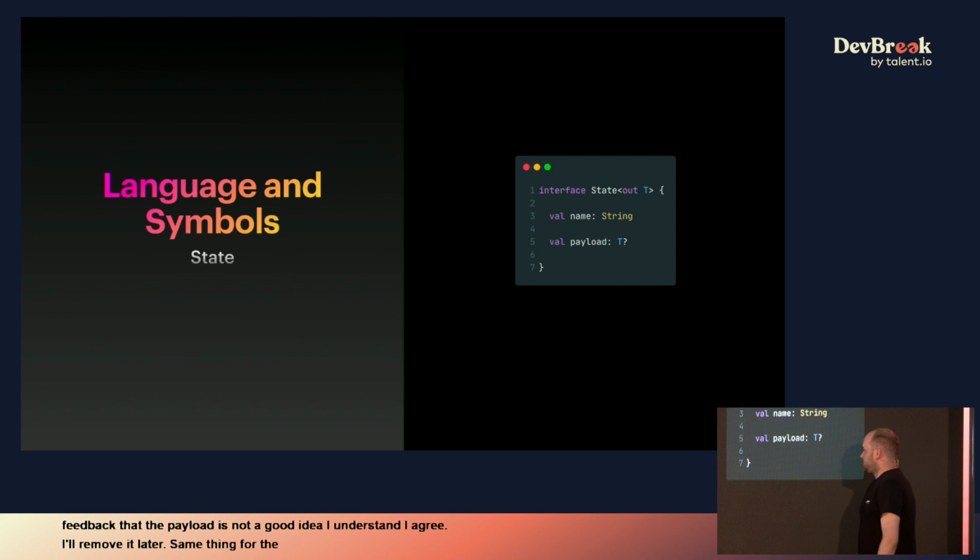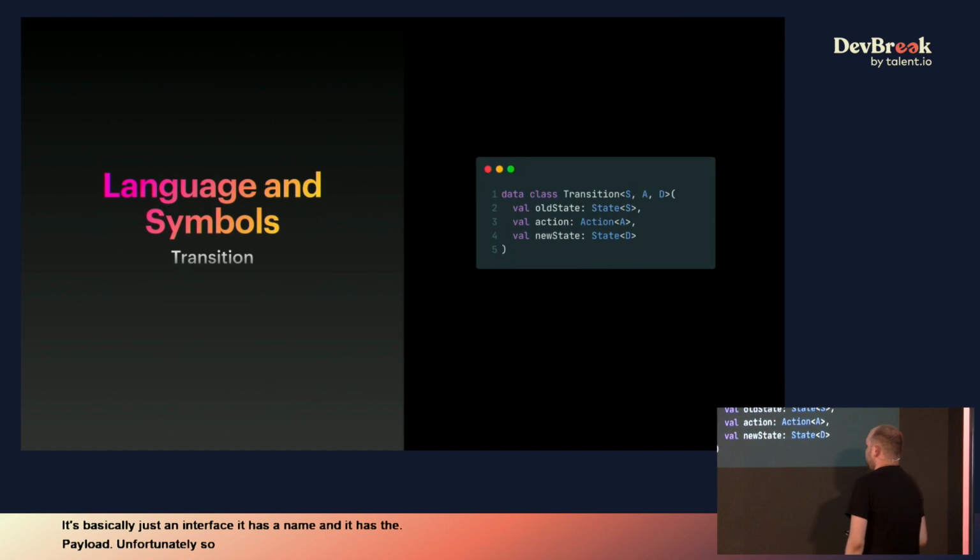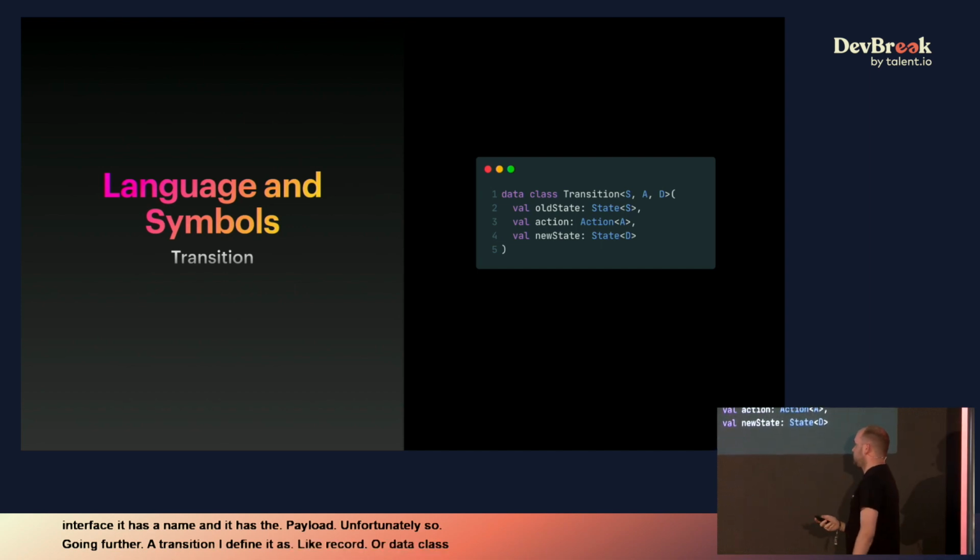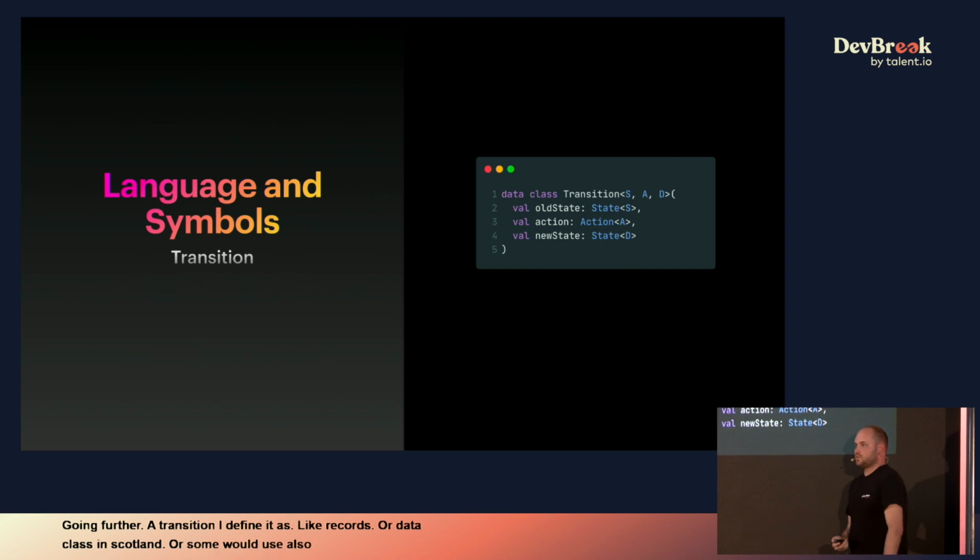Same thing for the state. It's basically just an interface. It has a name, and it has the payload, unfortunately. So going further, a transition, I define it as like a record or a data class in Kotlin, or some would use also vector.